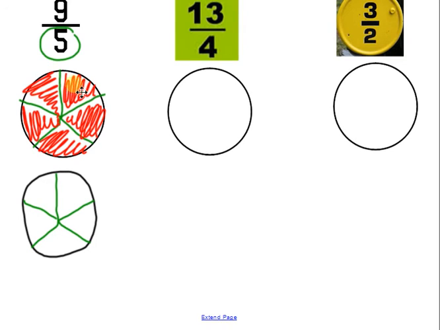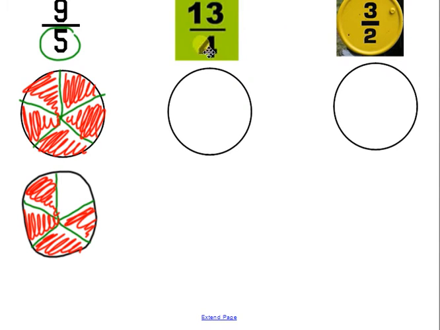So this is 1, 2, 3, 4, 5. Here's 6. Here's 7. Here's 8. And here is 9. And so what this does is it tells you you have 1 whole of something and frankly almost 2 wholes of something, okay? You definitely have more than 1.5. And this is what's going to take us into our mixed numbers here in just a minute.